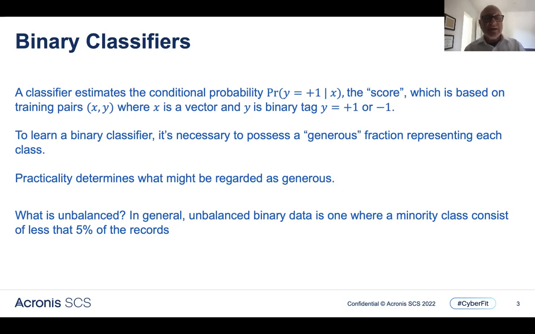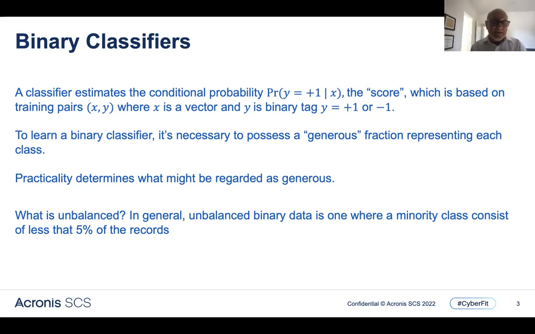To learn a binary classifier, it's necessary to possess a generous fraction representing each class. Practicality determines what might be regarded as generous. However, in general, if fewer than 5% of the minority class are present, then we'll consider the data as unbalanced.